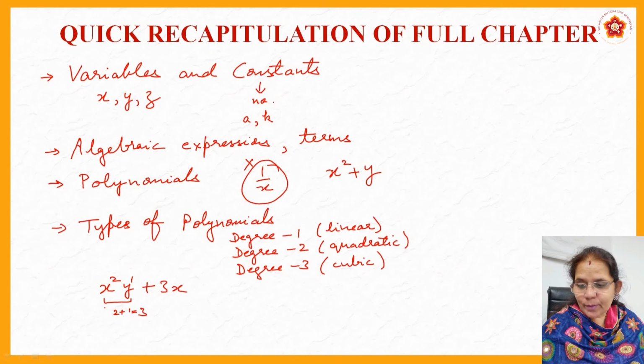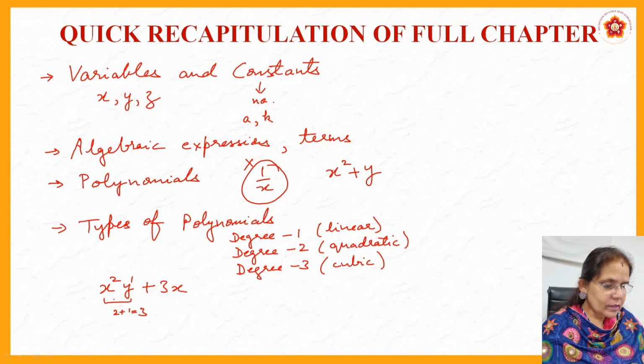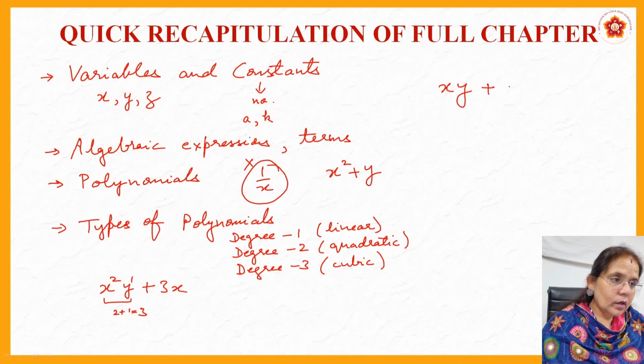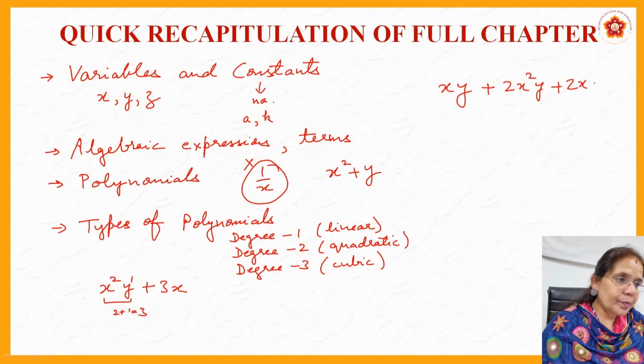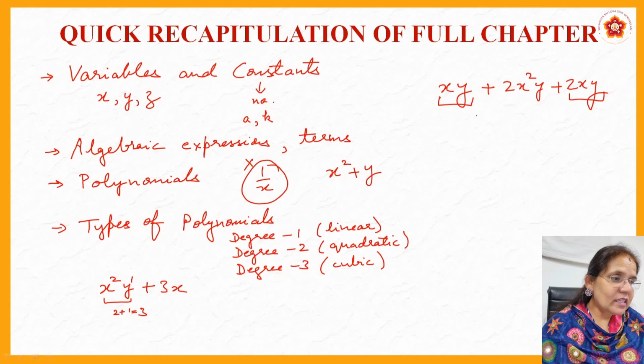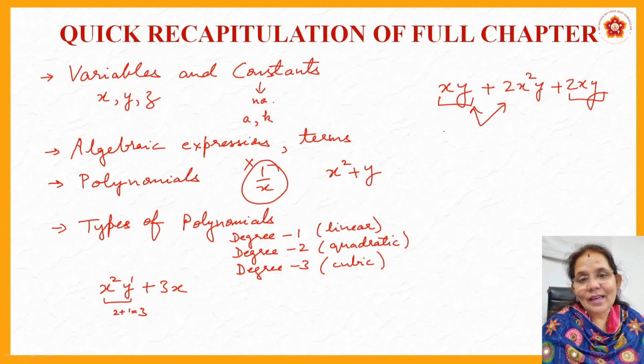So we talked of types of polynomials, and after types of polynomials, we discussed like and unlike terms. If a polynomial is like this, which are like terms? All terms which have same variables, they are called like terms, and if we take these two, they are unlike terms.